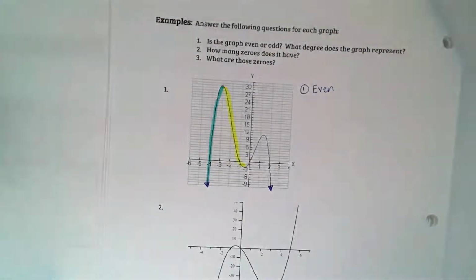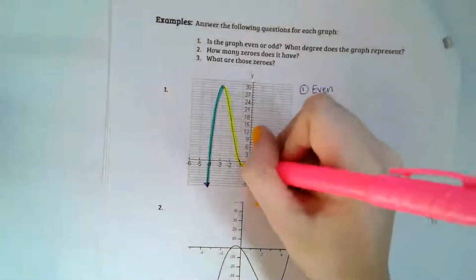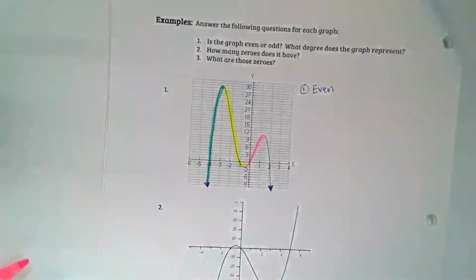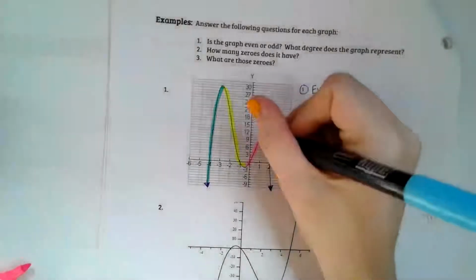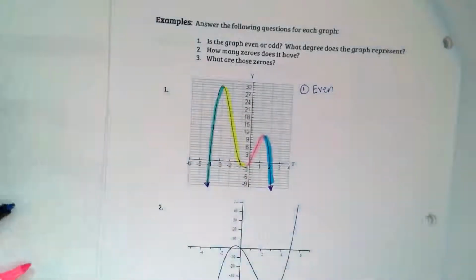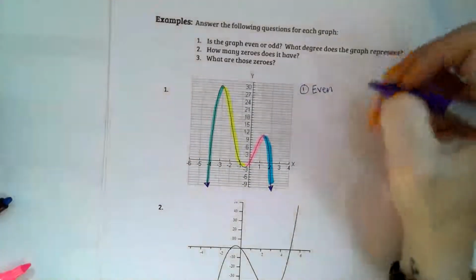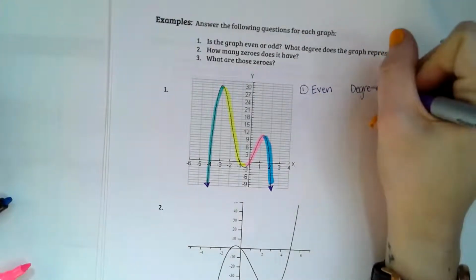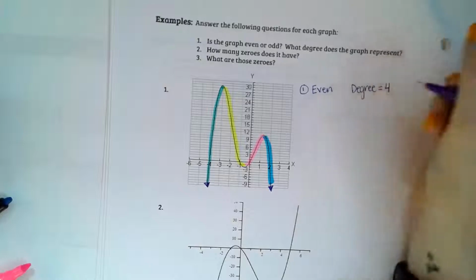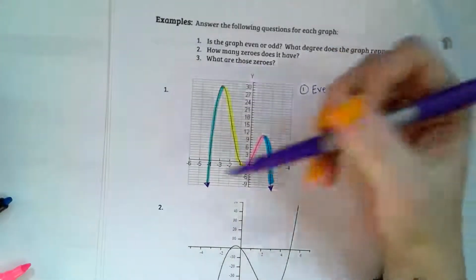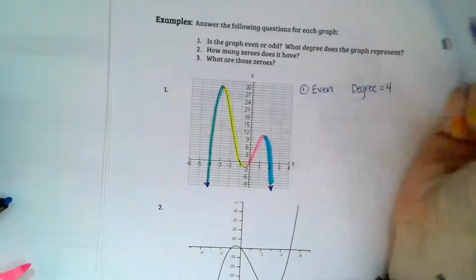Then we switch and go back up again, so this is 3. And then we go back down again, so this is 4. So our degree equals 4. You always want to start from the left and go to the right, just like how you would read a book from left to right.